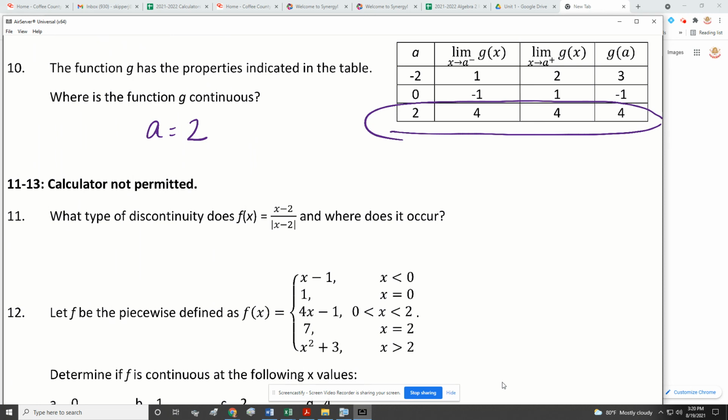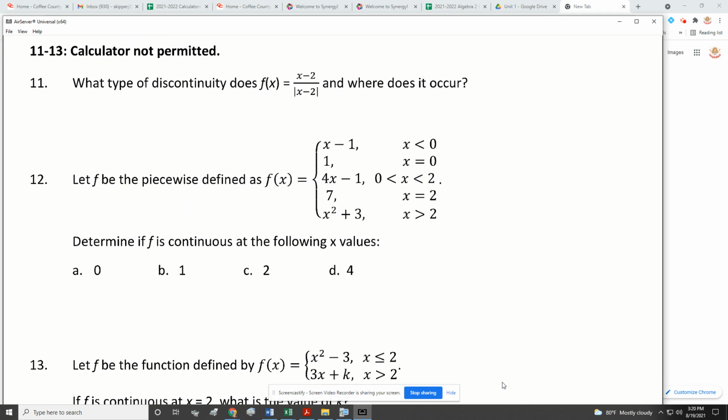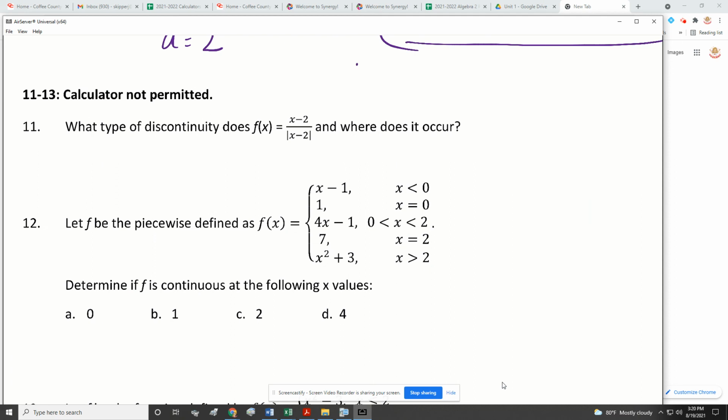Okay, number 11 comes back to our good old fractional absolute value function that hopefully one day you guys are going to get. So this graph I know for sure is going to have a horizontal line at -1 and a horizontal line at 1. And whatever makes the numerator and denominator 0 is where it jumps.